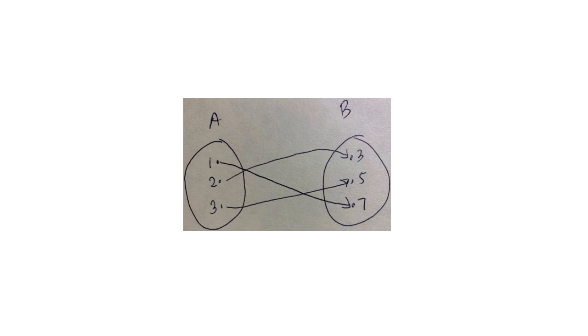So there has to be one and only one arrow from each of those elements of the domain. It doesn't matter if they point to the same place or different places, but there has to be one that originates from each of the elements of the domain, and only one. So note the arrow diagram for F is helpful in identifying it as a function.